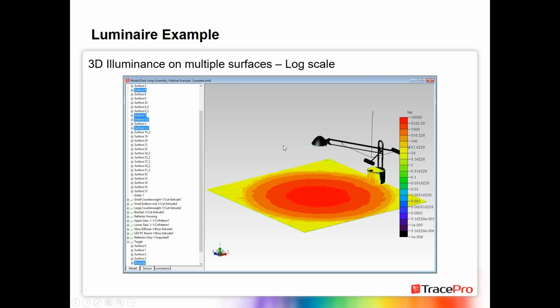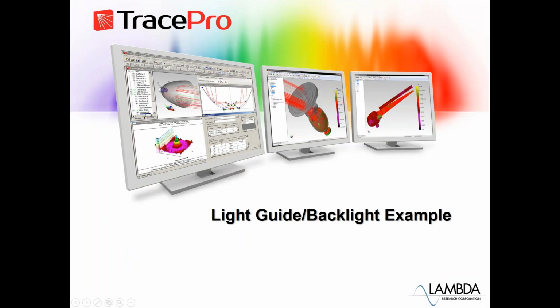And the 3D illuminance plot is nice because it shows you the distribution of light directly on the surfaces in the model. And it also allows you to select multiple surfaces. So here we have the desktop selected, as well as some of the parts of the lamp as well. And we'll go through all these steps here. So let's actually jump over there and we'll go do that now.